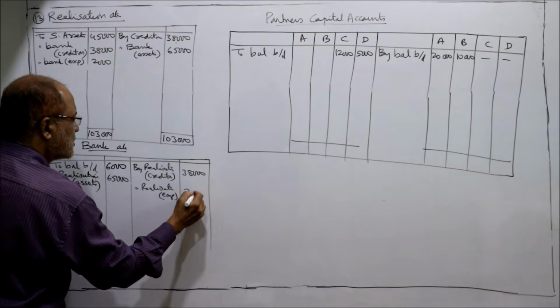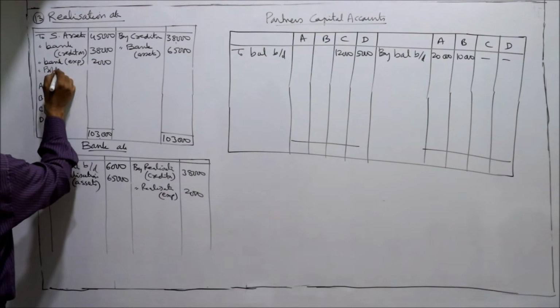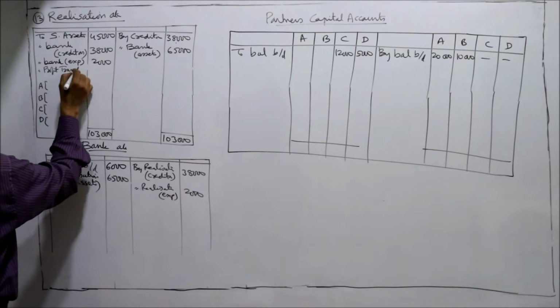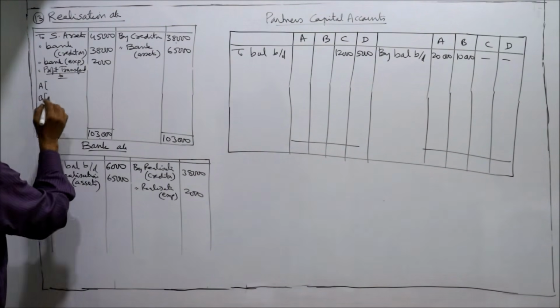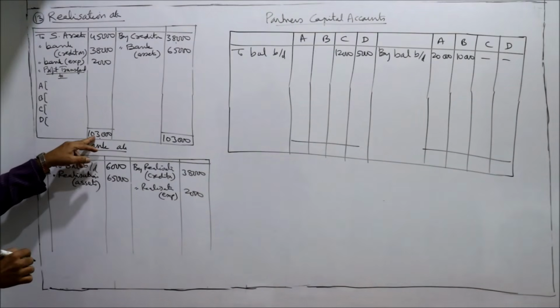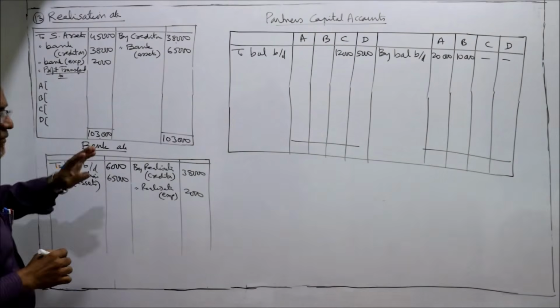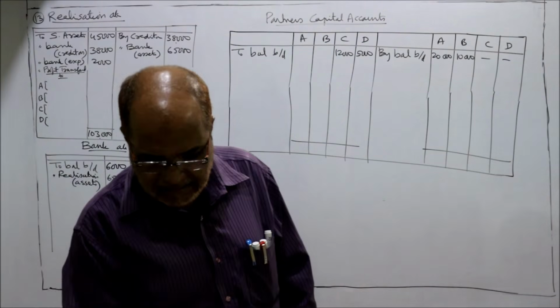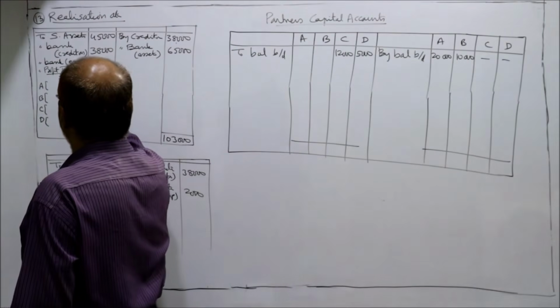Expenses 2,000. Right? Now here to profit transferred to. So how much profit? 1,03,000 minus 45 minus 38 minus 2. तो 85 निकाल दिए तो बचे कितने? 18,000 rupees profit. You will get 18,000 rupees profit.